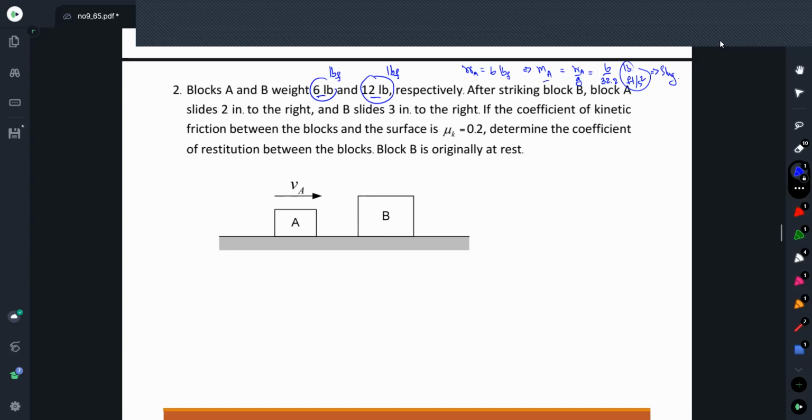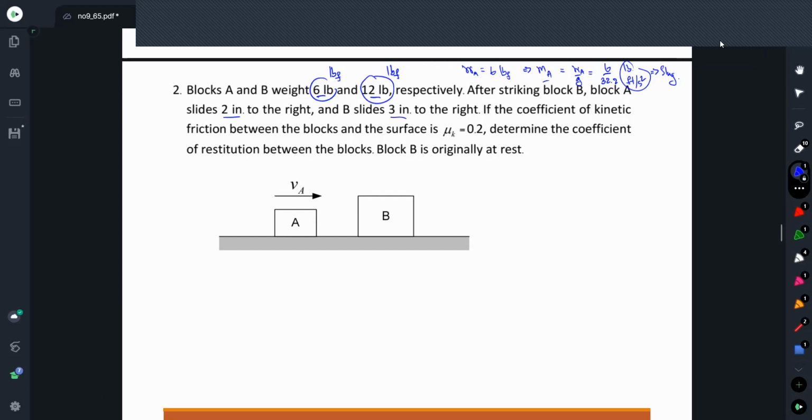For this case, after striking, block A moves 2 inches to the right. Okay, 2 inches, not 2 feet, 2 inches, so we have to convert it to feet also. And block B moves 3 inches to the right.